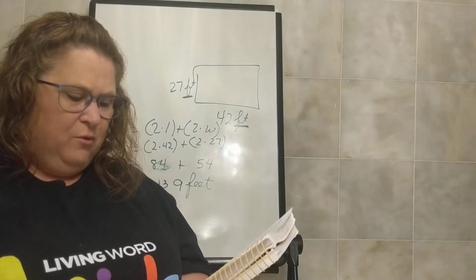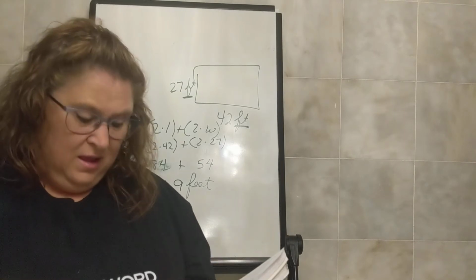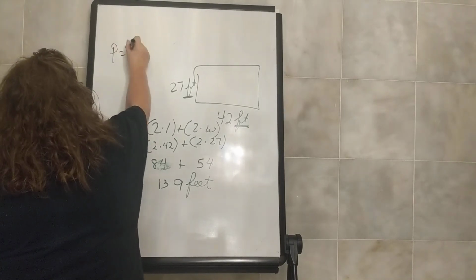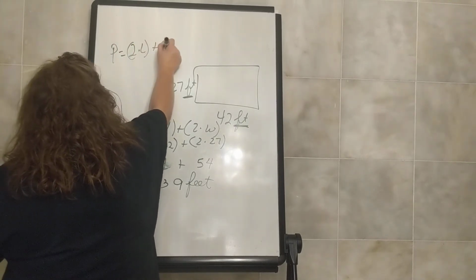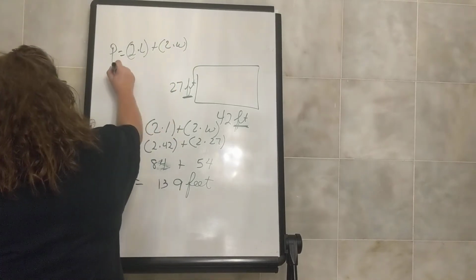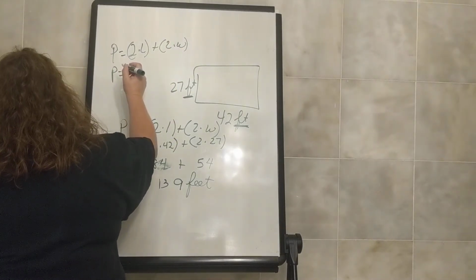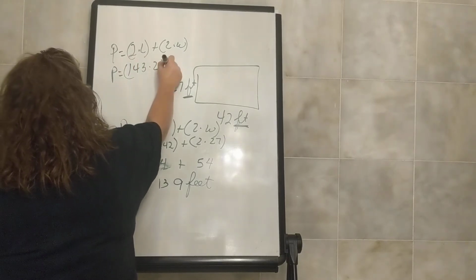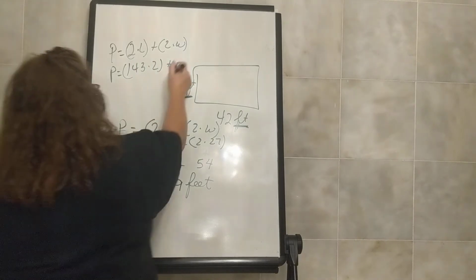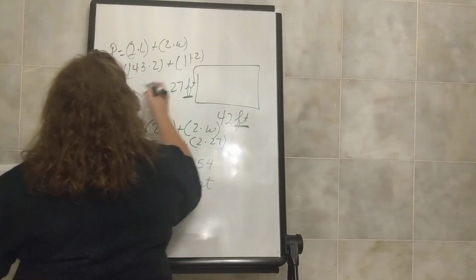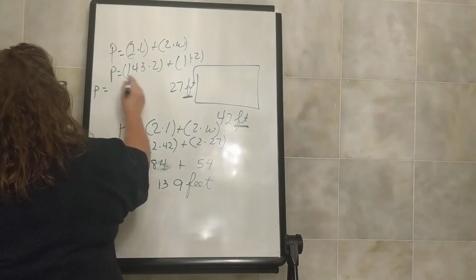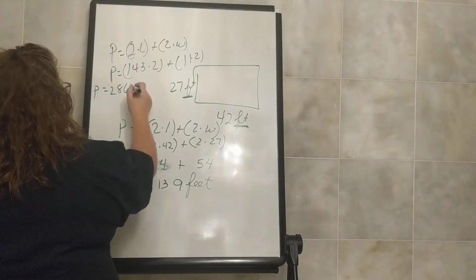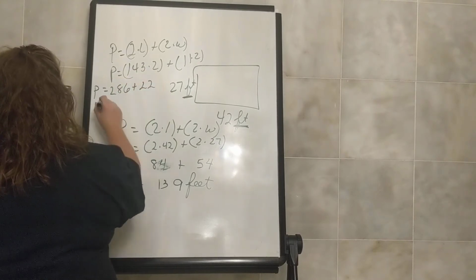So our perimeter is 2 times the length plus 2 times the width. Perimeter equals 143 times 2 plus 11 times 2. 3 times 2 is 6. 4 times 2 is 8. 1 times 2 is 2. 286 plus 22.